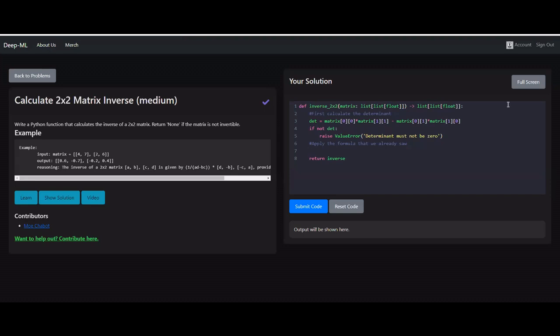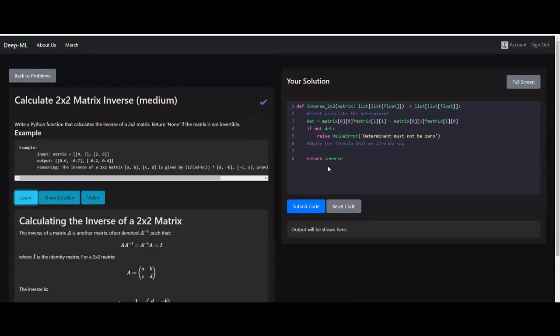And so we can simply apply our formula, which, in case you need a refresher, is right here. It simply creates a new matrix with the elements flipped as we want them, and every element is going to be divided by the determinant. So this is going to have, again, 2 rows, 2 columns. The first element is going to be d, which is matrix[1][1], divided by that.